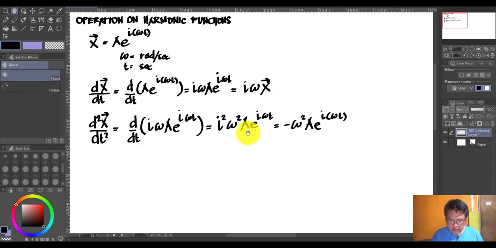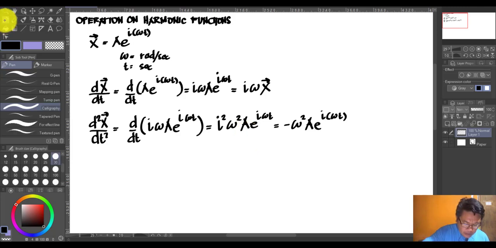So let's have a quick overview of my derivation of my rotation of the harmonic functions. We have here initially the displacement, and we have here the velocity.